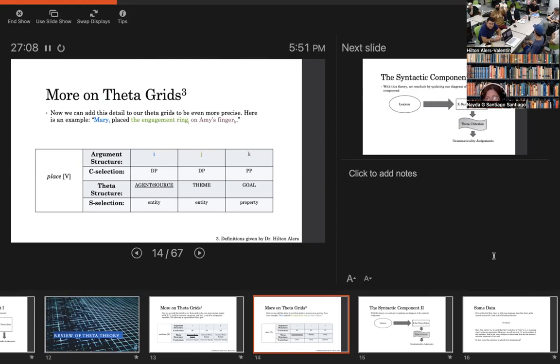Besides grammaticality, I'm guessing meaning as well. Depending on the lexical token, you would have a different data structure, so for example, with the S selection, you get a specific one: this is the entity, this is another entity, this is a property. If that's in the lexicon, that is information that we may not have to use for at least the S selection and the theta structure.